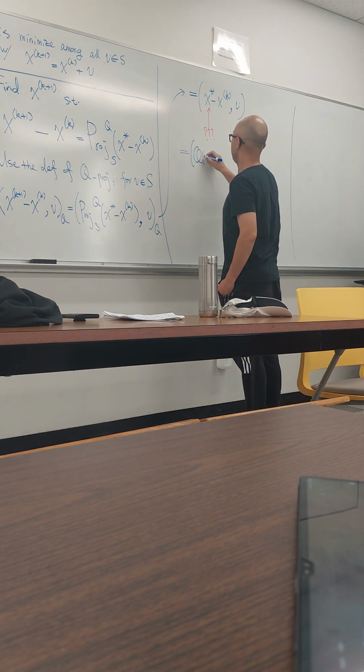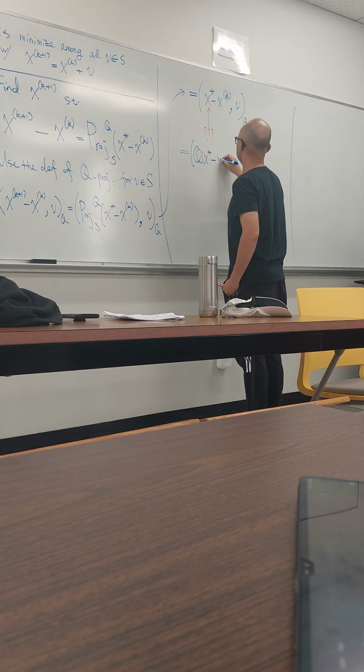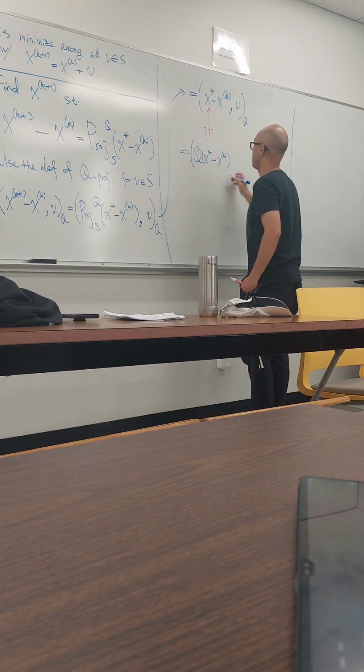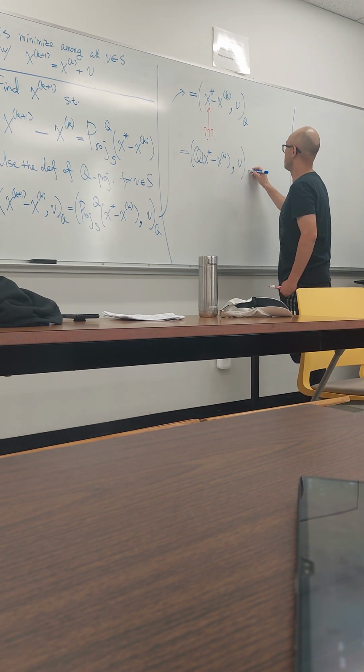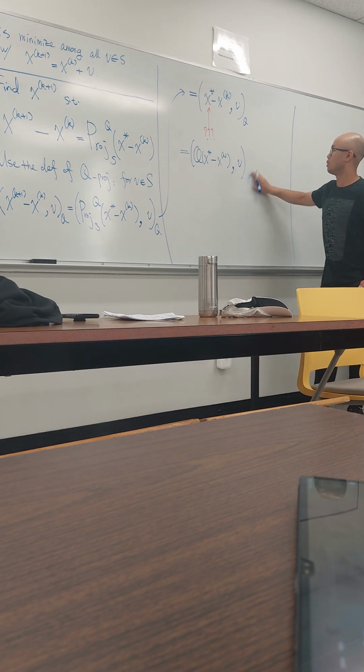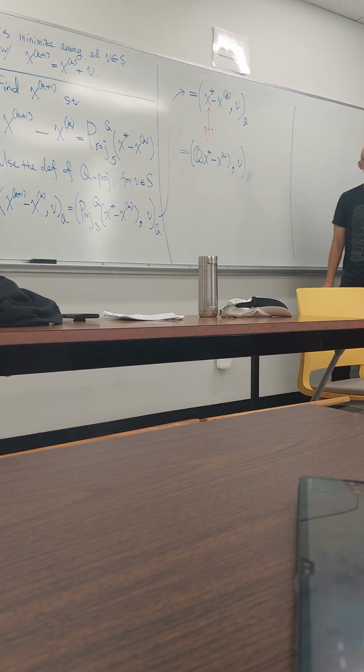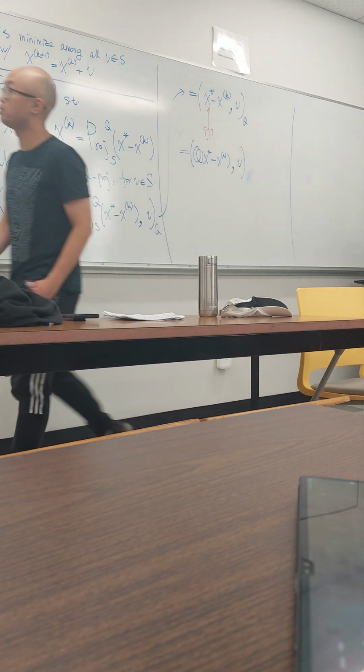So this is Qx star subtract Qxk, inner product with V, regular L2 inner product. We don't know x star, but we do know Q times x star.